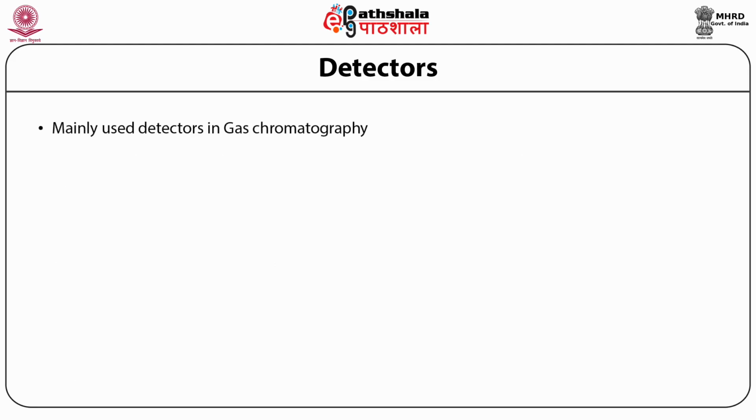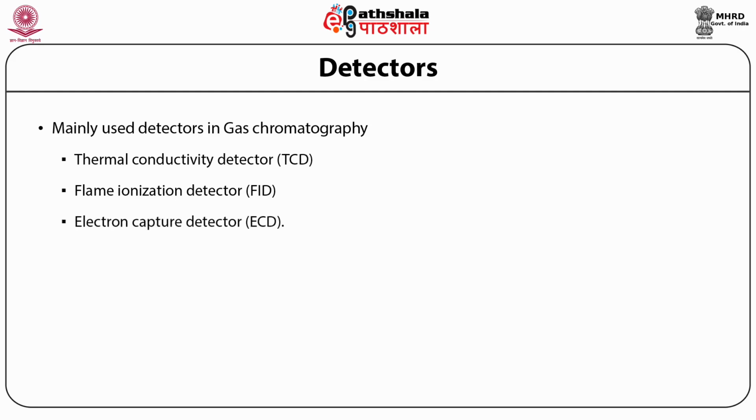The mainly used detectors in gas chromatography are the flame ionization detector, thermal conductivity detector, and electron capture detector. Other commercially available, less used detectors include the photoionization detector, nitrogen phosphorus detector, and atomic emission detector.